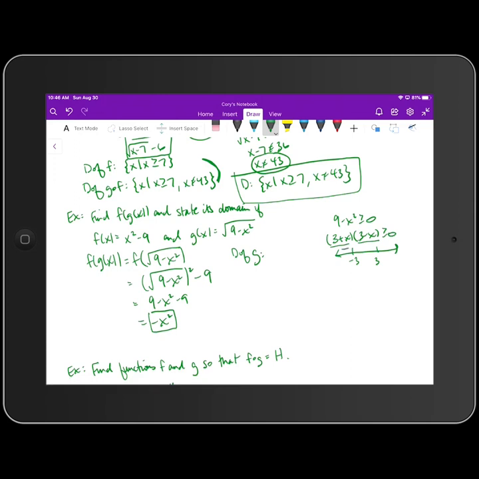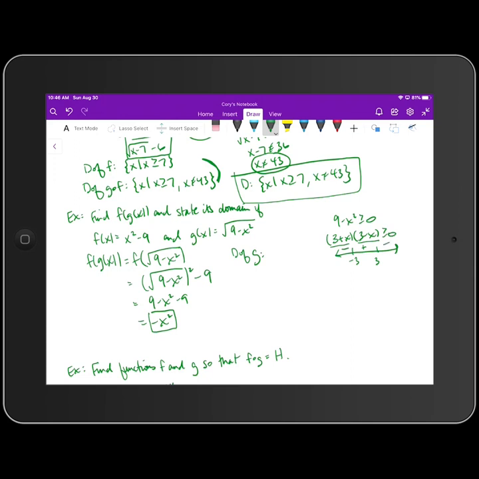If I pick a value between negative 3 and 3, let's say I pick 0, the first factor is positive. The second factor is also positive, and a positive times a positive gives us a positive product. Okay, when I pick a value bigger than 3, let's say I pick 4, 3 plus 4 makes the first factor positive, 3 minus 4 makes the next factor negative, and a positive times a negative is negative.